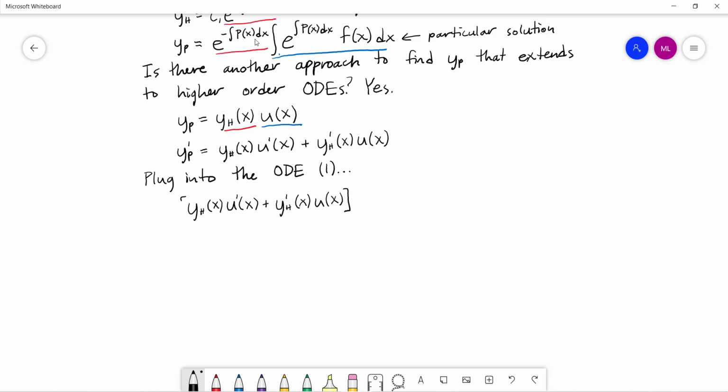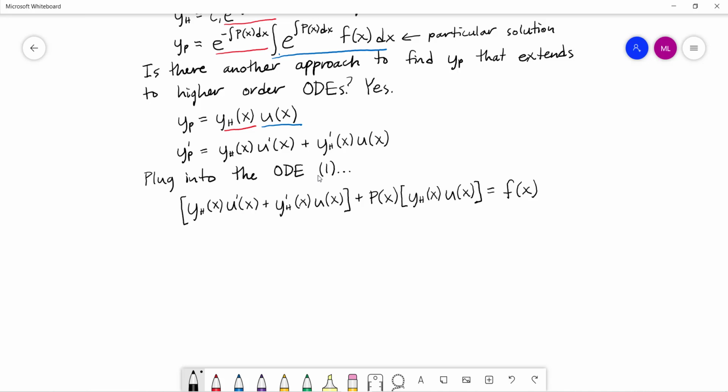Plus p of x times y itself, which takes the form y homogeneous of x times u of x. And this whole thing should be equal to f of x. So all I've done is take this guess and plug it into the original differential equation.